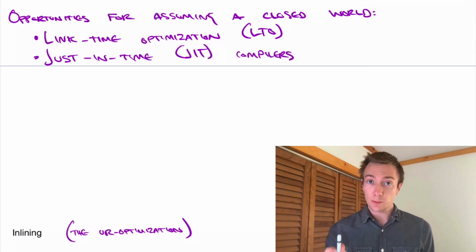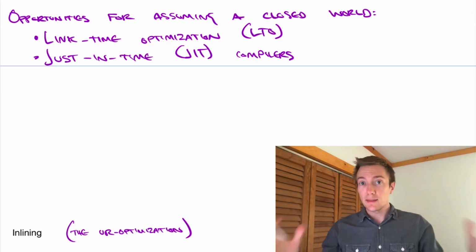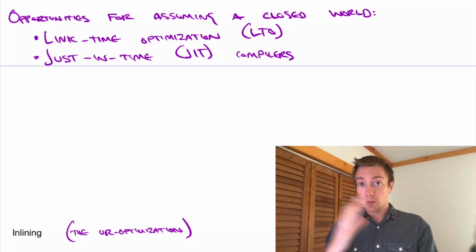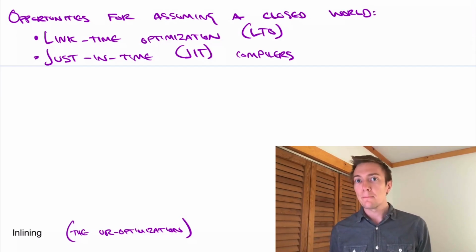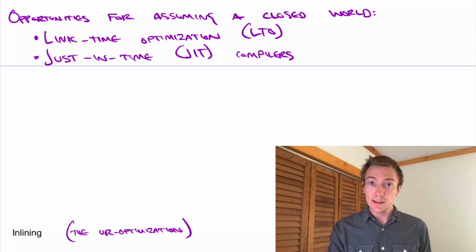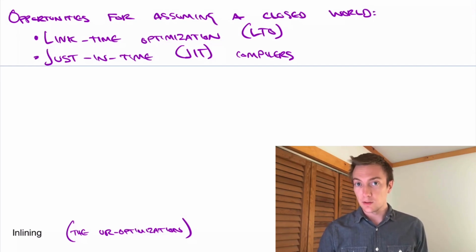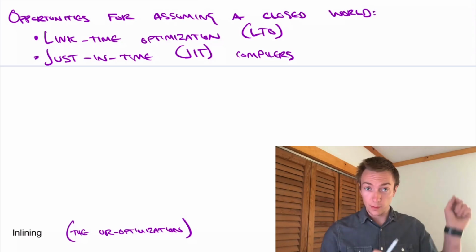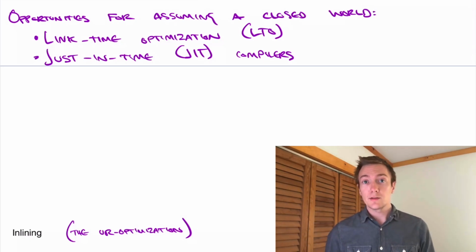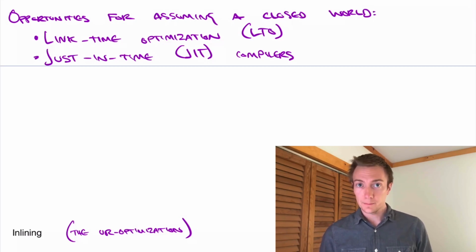That is, you can assume temporarily that you've seen all the code that's going to execute in the program for a while, and then if you get to a place where it needs to load more code, like load another class file from disk for Java, for example, then you have to revisit the assumptions you made during the optimization, and then possibly recompile the program in the presence of the new code. In any case, you get to take advantage temporarily, during the time from initially starting to loading new code, to do optimizations that would not be possible under an open world assumption.